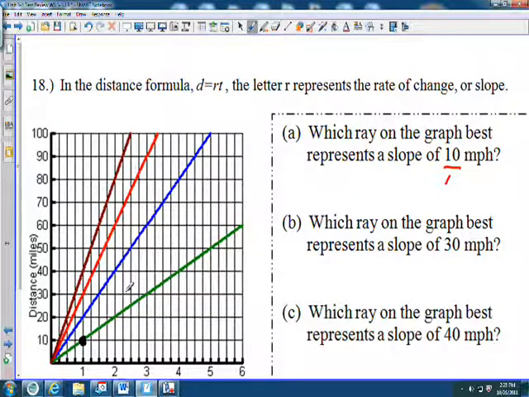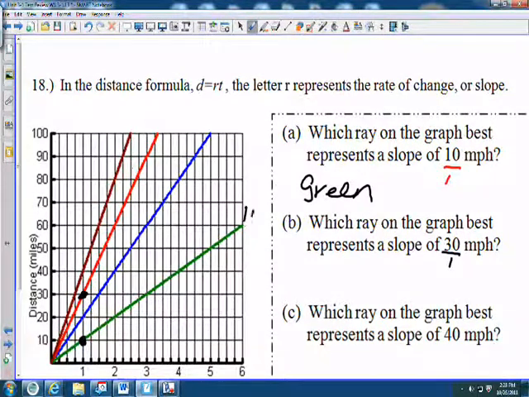Oh, it doesn't have the rays labeled. Okay, so right now on mine, you'll see which one it is, and you'll just have to look and see which one. For me on here, it's the green one. The next one says a slope of 30, which is 30 over 1. I'm going to go up 30 and over to the 1. It's right here.